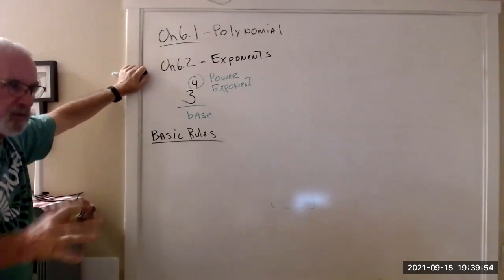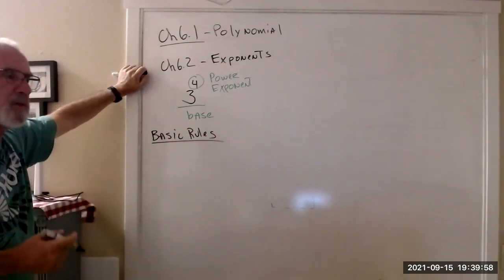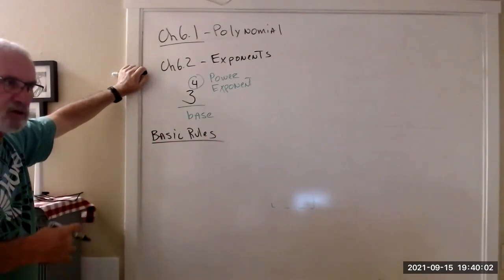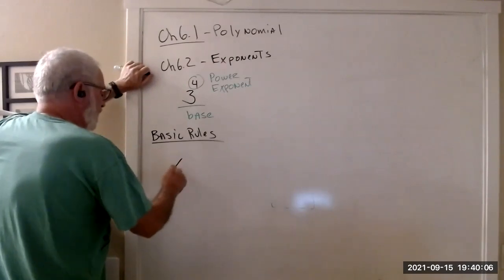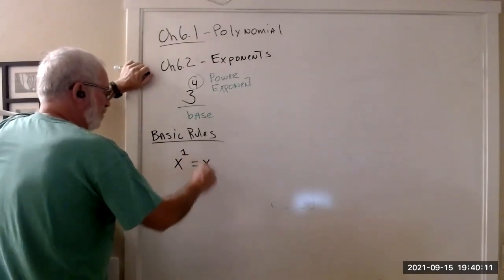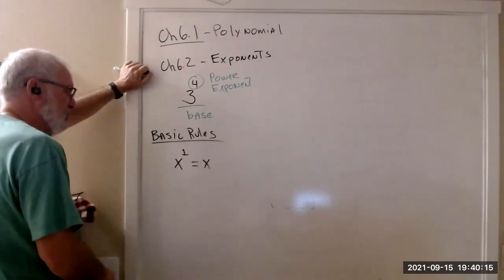It's shut up and memorize. I'll explain probably tomorrow night where these rules came from. Okay, it's not magic. But right now, the first rule is any number to the 1st power is itself. x to the first power is x.